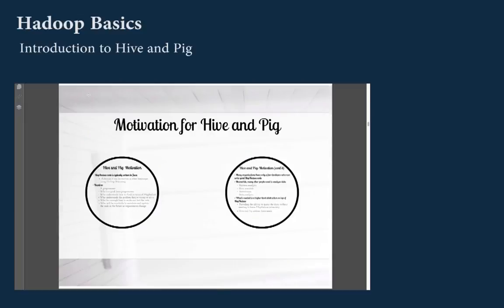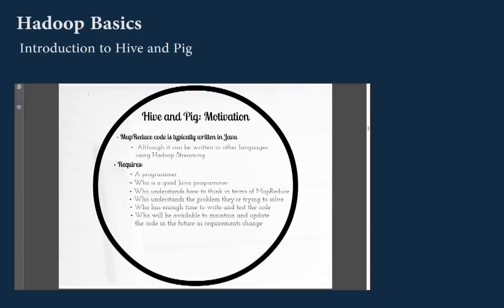Now let's look at the motivation for Hive and Pig. MapReduce code is typically written in Java, although it can be written in other languages like Perl or Python. Predominantly Java is the first class citizen, but that introduces some problems.